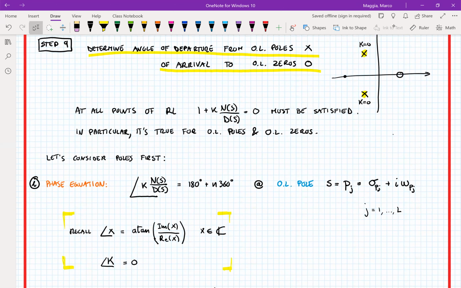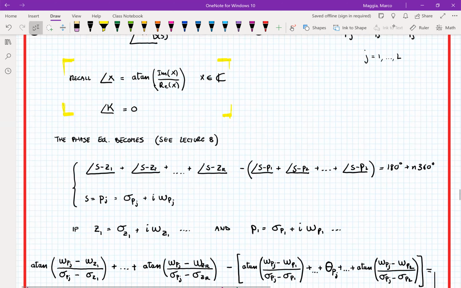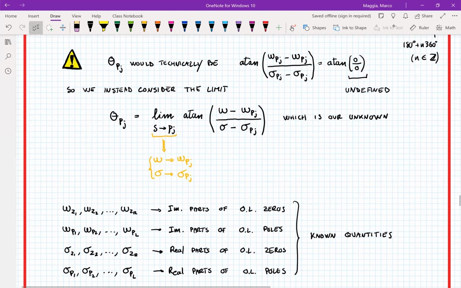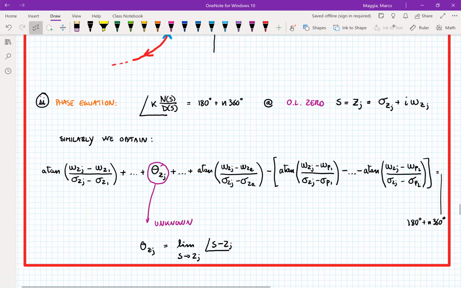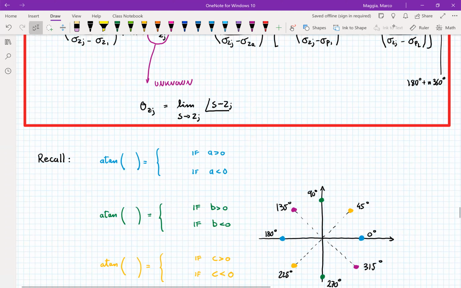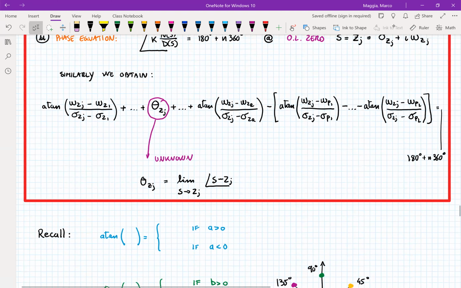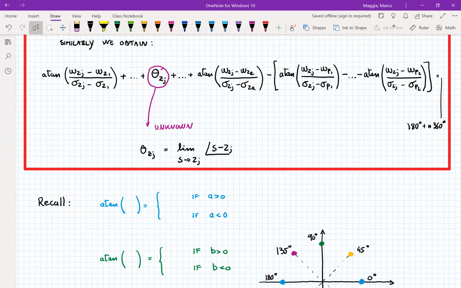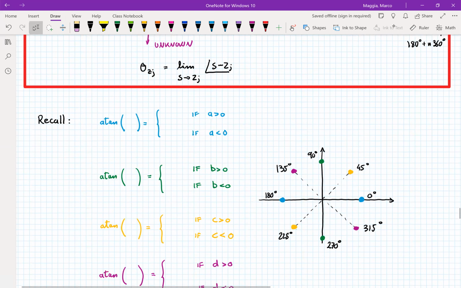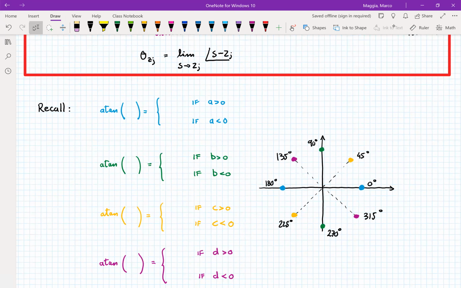And as usual, if you have questions, please ask me. It's not as complicated as it might seem. But for now, I just want to skip that, and I want to focus on actual examples of the root locus.